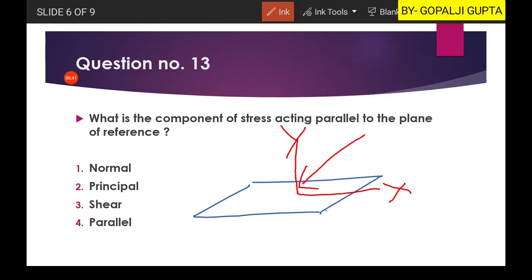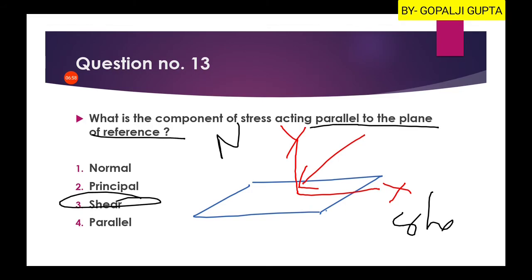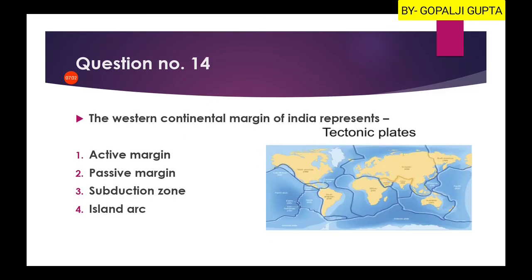The component which is perpendicular to the plane is known as normal, and the one which is parallel to it is known as shear. Here the question is asking about the component parallel to the plane of reference, so it will be termed shear stress.